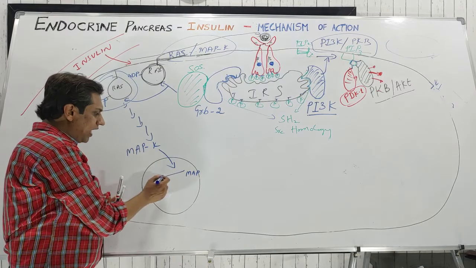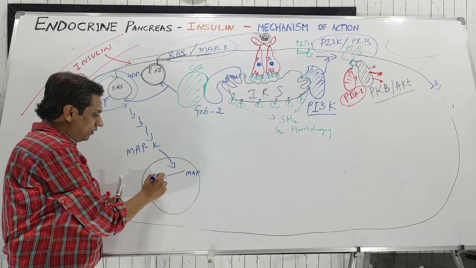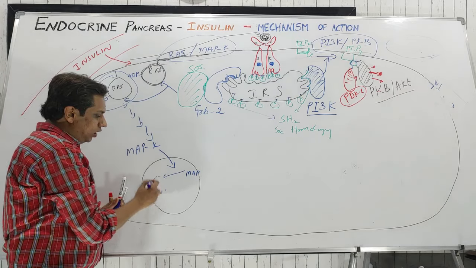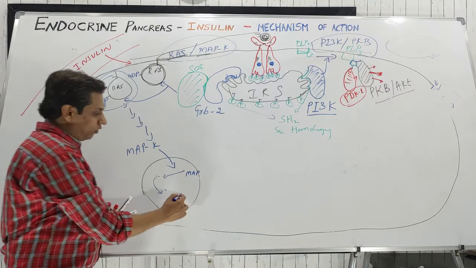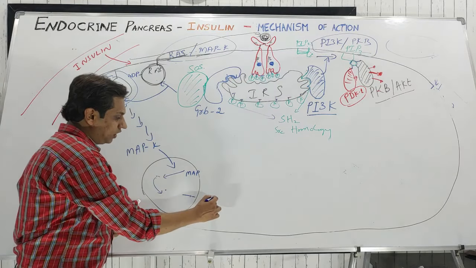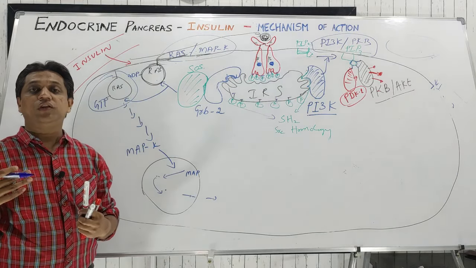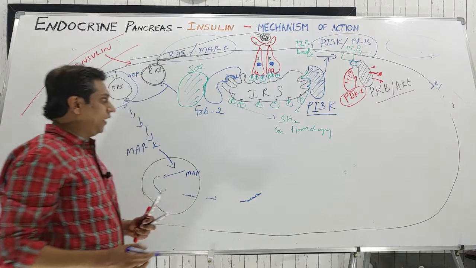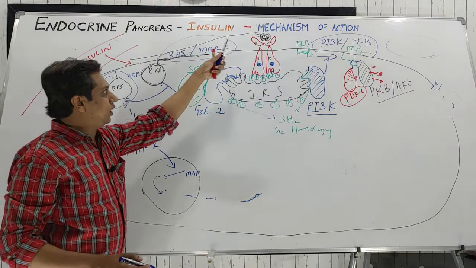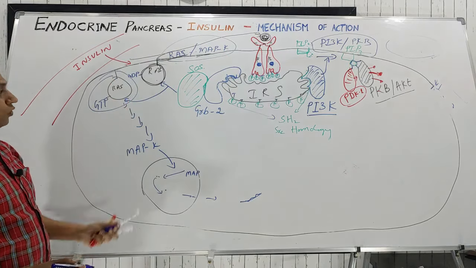This activated MAP will now stimulate the genes, that is DNA. Then there is formation of messenger RNA, which will come into the cytoplasm and lead to the translation process, and protein synthesis takes place. This is how insulin will act on the nucleus.